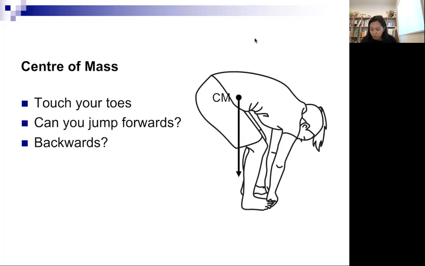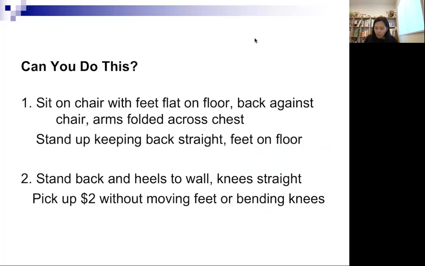If you're bent over, your center of mass is around this point. Try this exercise and see if you're able to keep yourself stable by jumping forwards or backwards. In this case, your center of mass is outside of where you are supporting your body at your heels. You can also do this exercise later on during the workshop or during the break.